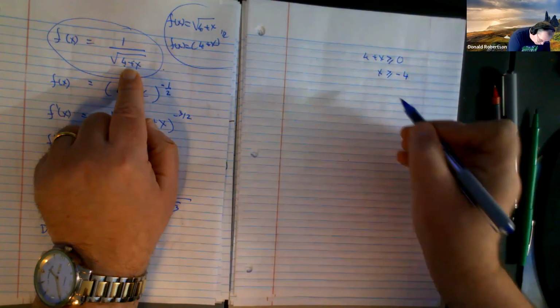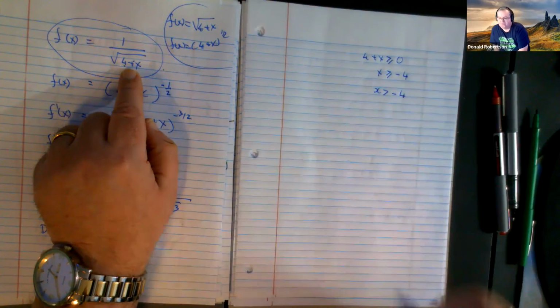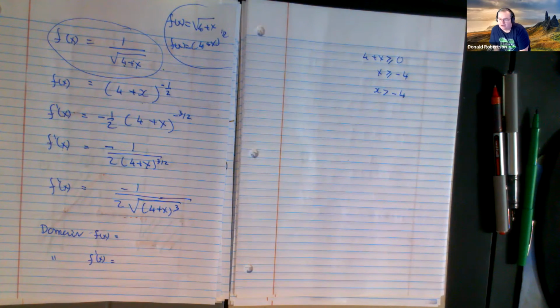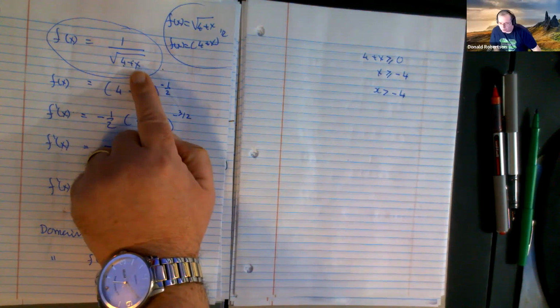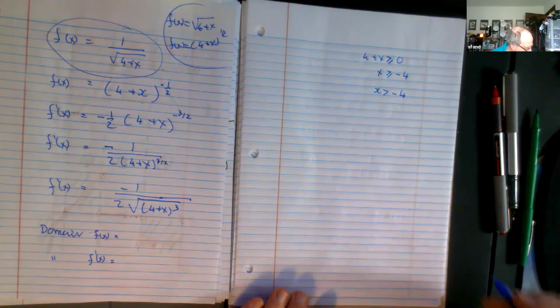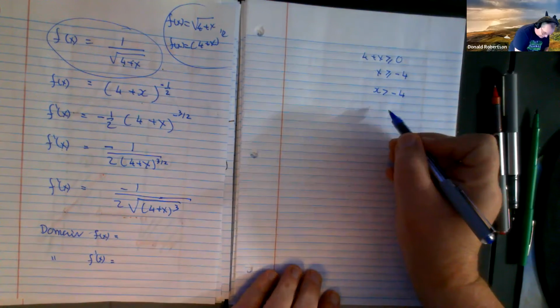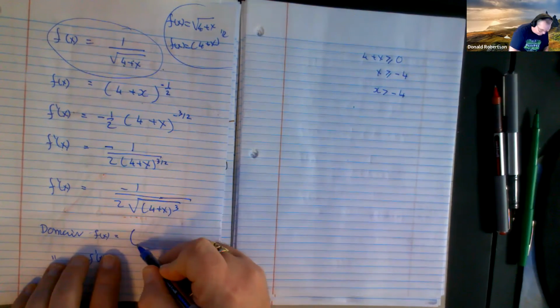But I am only going to use that. Why have I taken out x equals -4 as a usable value? Because 0 doesn't work. Correct. 1 over 0 is bad news, right? It doesn't work. So the domain is: don't use -4, but anything bigger is fine.